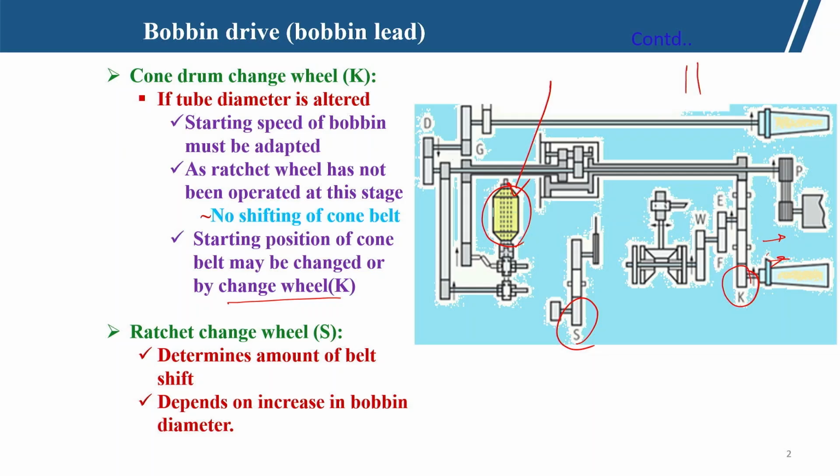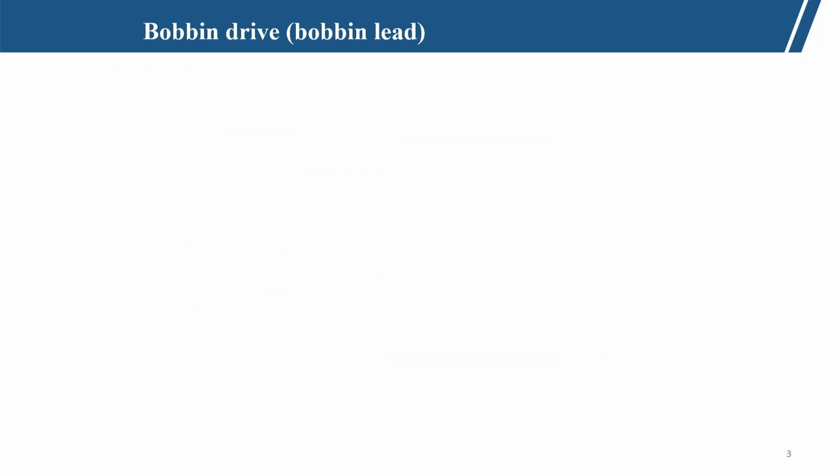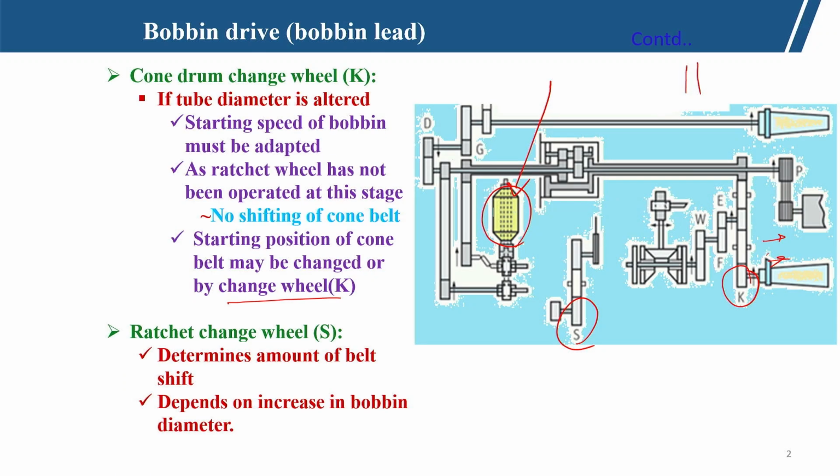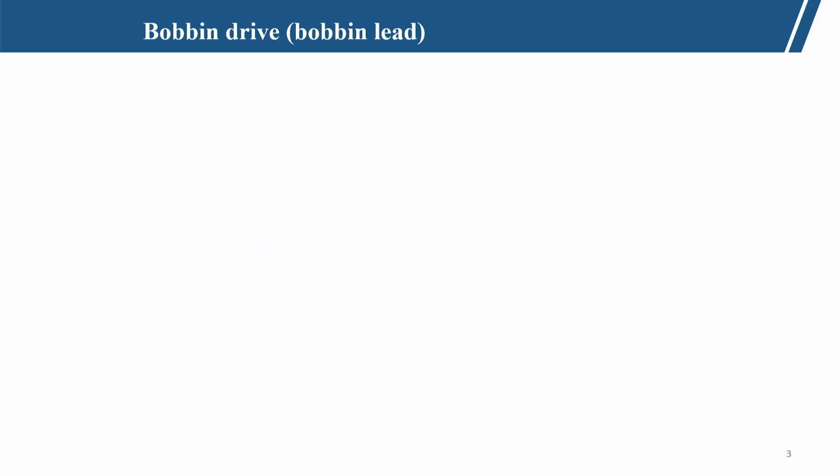Okay. That is how much increase is there, that we can change, because if the bobbin diameter is more, then we have to change the speed rapidly. So, accordingly the ratchet wheel number of teeth we have to change. Okay.